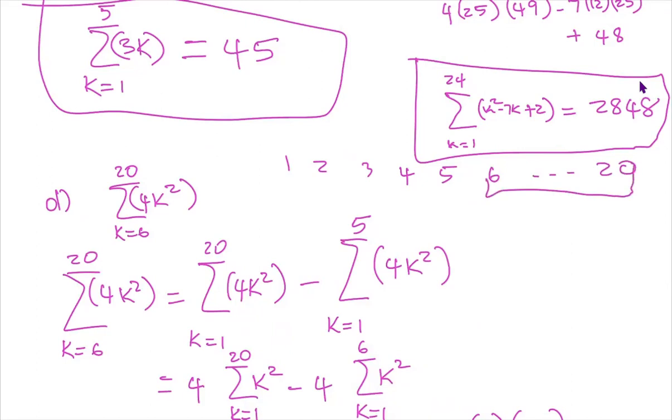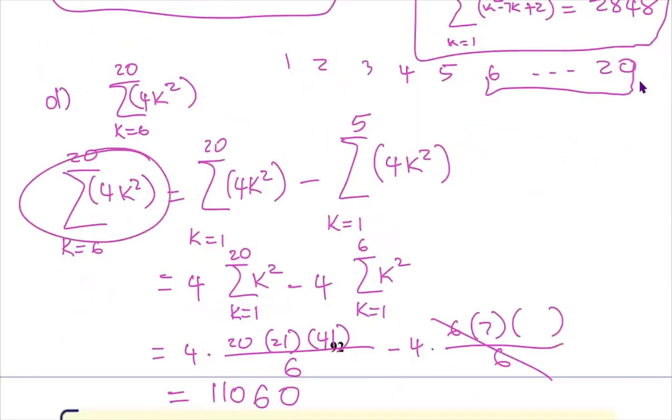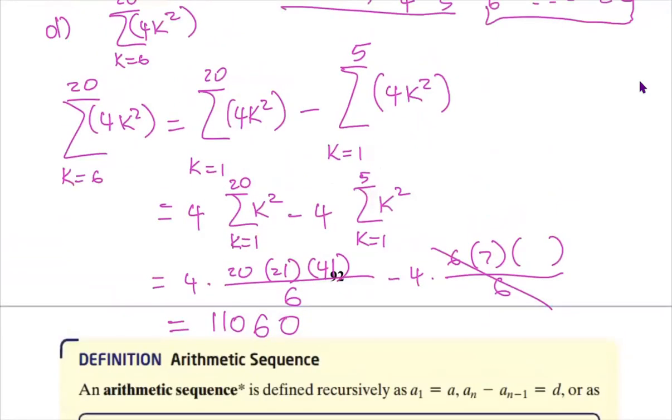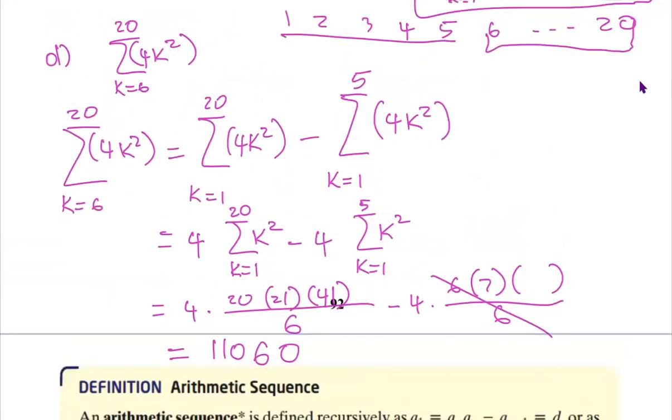We take the ones we are calculating for, and then subtract the ones from 1 to 5.